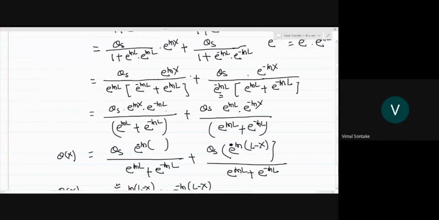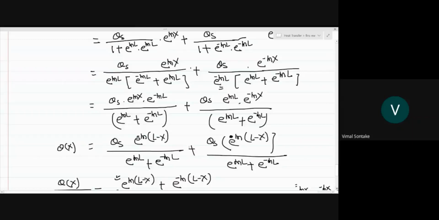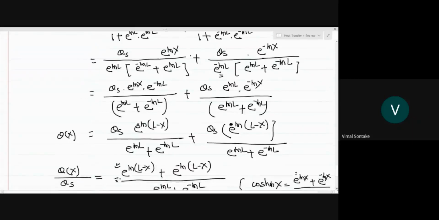If I take minus m common, it will become L minus x. And this will be theta s e to power m L minus x. It is okay now. Actually, the first term we will get from the second part.